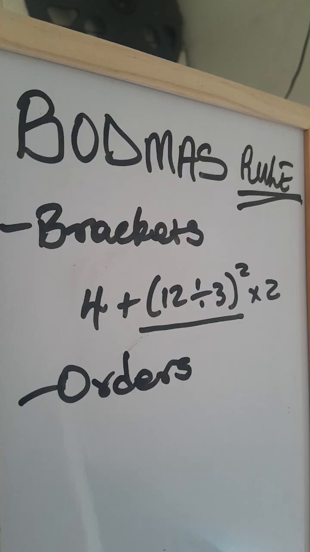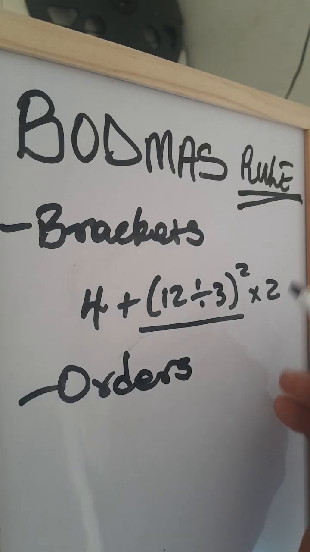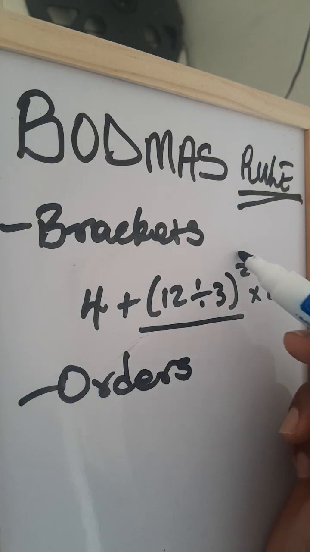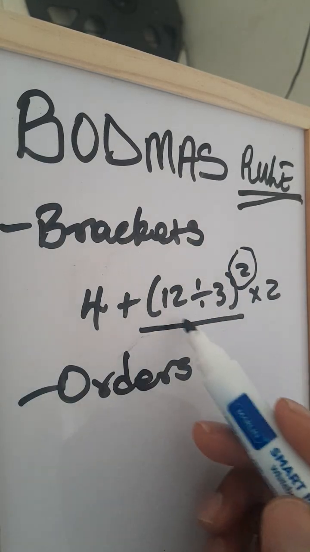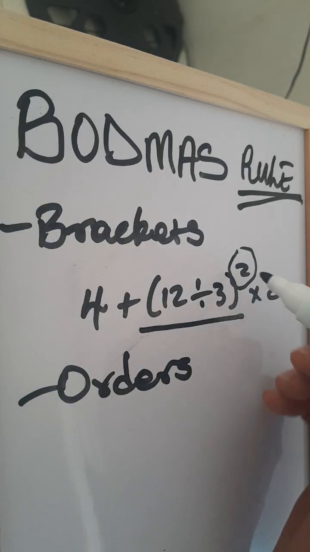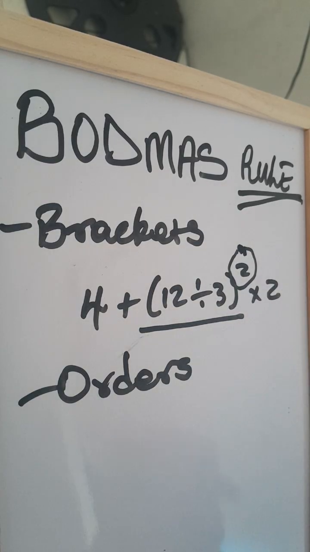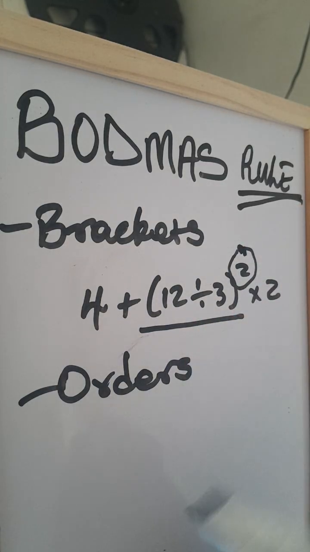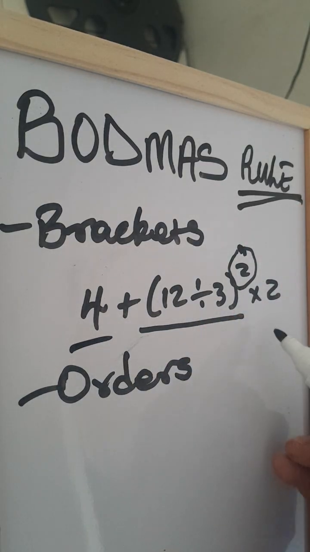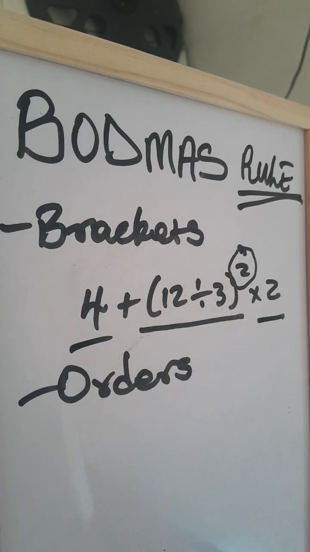When we talk about orders, we're talking about things like to the power 2. After dealing with the numbers in the bracket, then you will deal with the exponents. We solve the exponents. We haven't started with the 4. We haven't gone to the multiplication side.